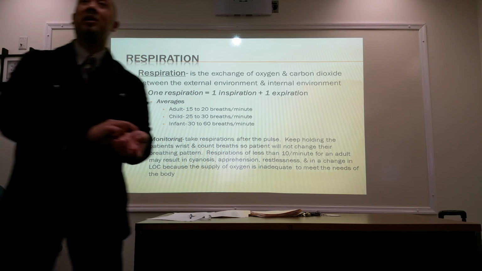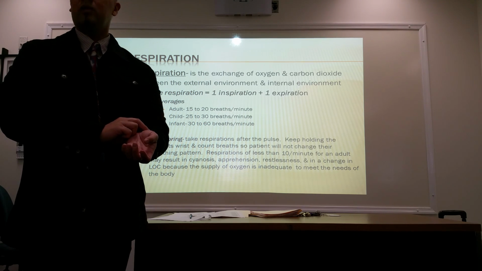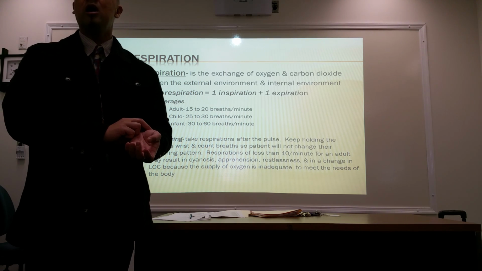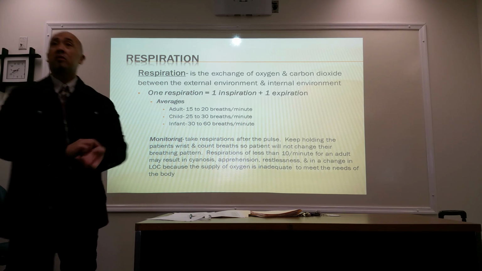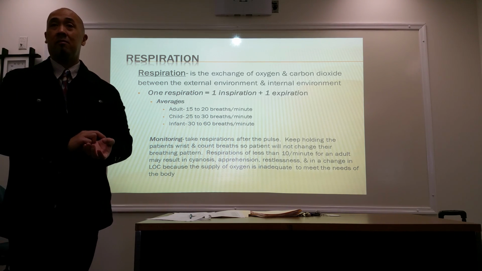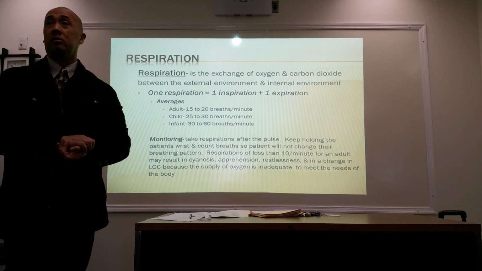Mm-hmm. Can we take the pulse for 30 seconds and multiply by 2? Yes, we can do that. More effectively is probably take the pulse for 15 seconds and multiply by 4. It's a lot easier that way. It's more accurate than taking a pulse at 30 seconds and multiplying by 2.